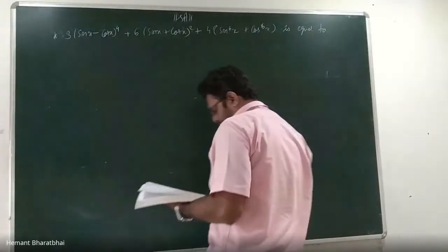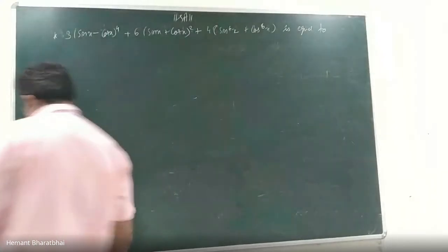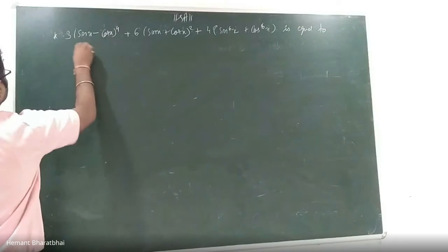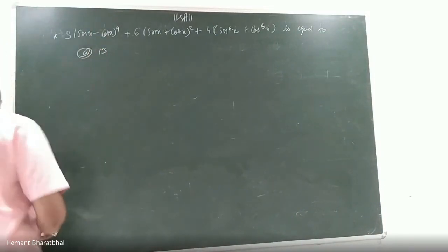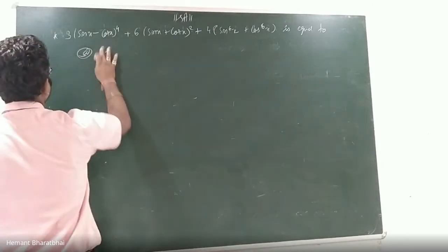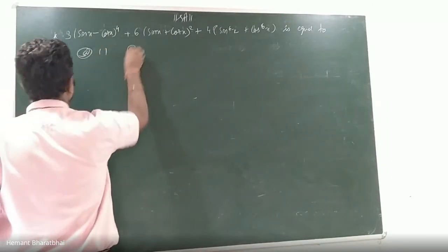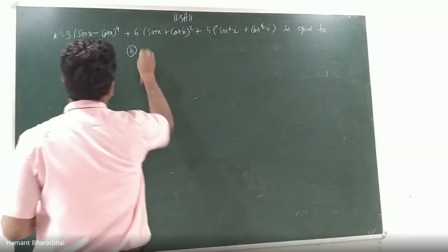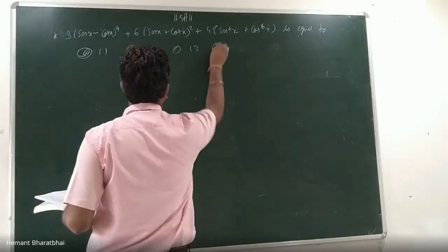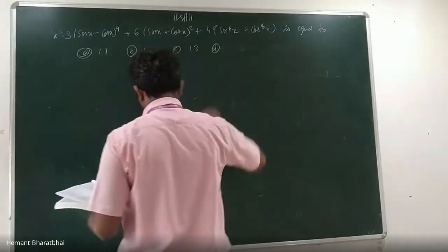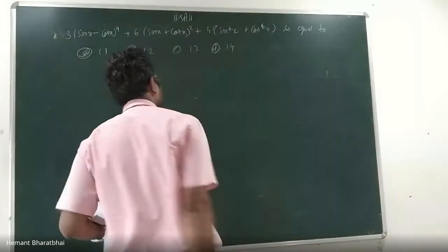Again, when we solve the numerical, it is in the proof, but it is giving us these options. Option number A is 11. Option number B is 12. Option number C is 13. And option number D is 14.